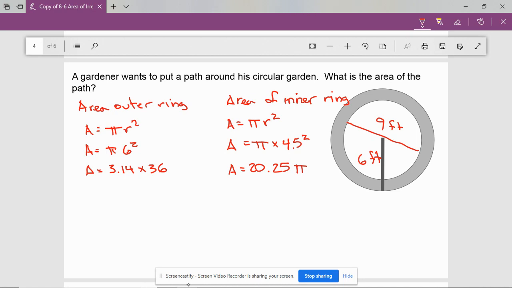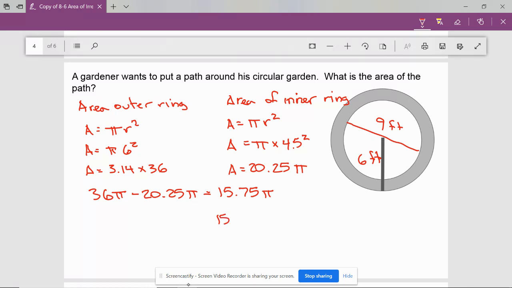What we want to do is find the difference between the outer ring and the inner ring. That will give us the area of the path. So if we take 36 pi and subtract 20.25 pi, 36 minus 20.25 is going to be 15.75 pi.